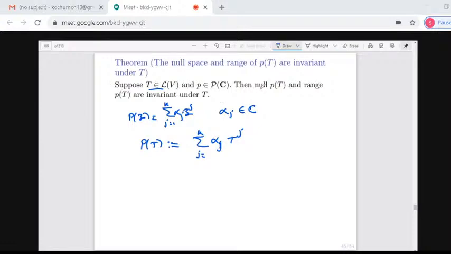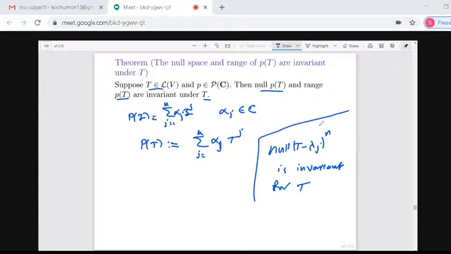I had told you that the null space of (T − λj)^n is invariant for T.